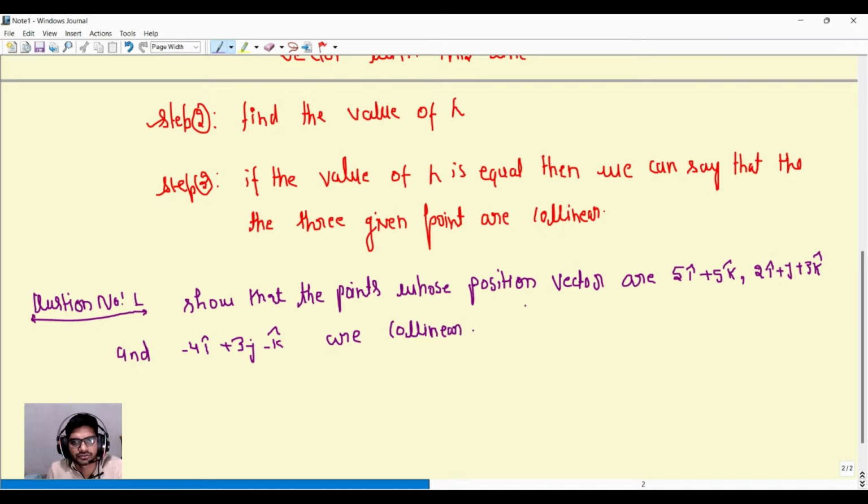Collinear. So how are we going to discuss that? Basically, we are going to do this step by step.